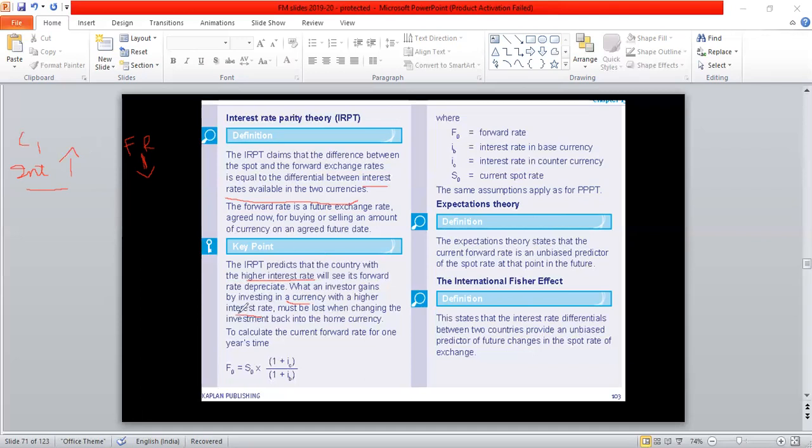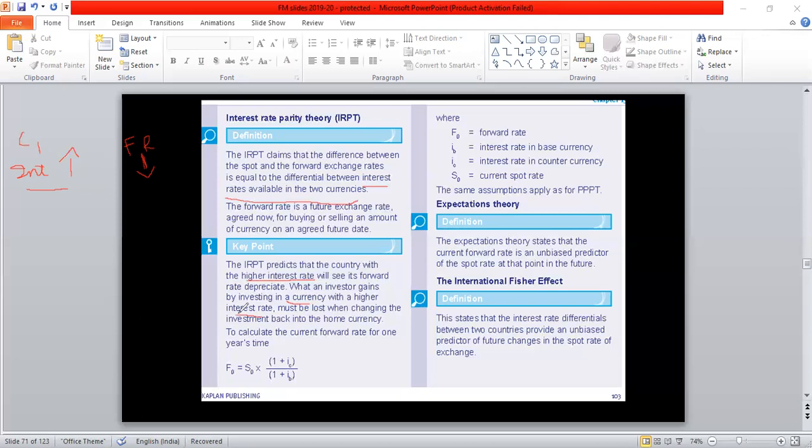So whatever benefit he gets because the interest rates in the other country are better, that will be lost because when the currency has to be converted back to the domestic country currency, the interest rates are not so attractive in the domestic country.